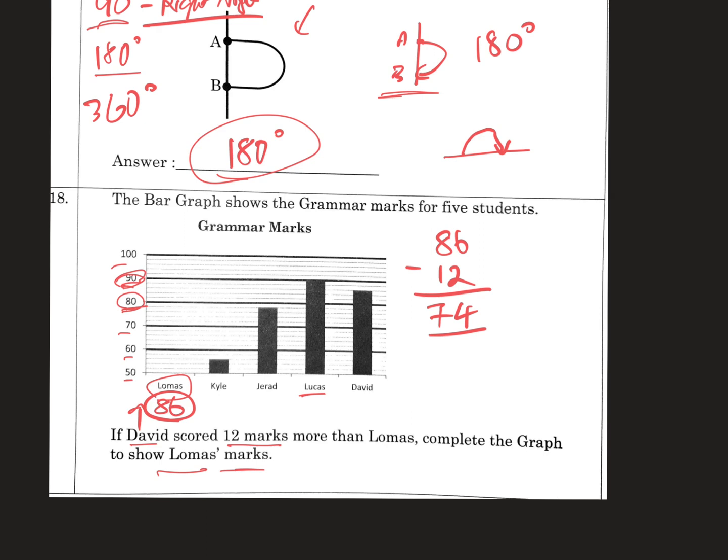Simple. We just find the average length of this. This part does not have to be precise, so we just draw it the average length. And then, 74. We can go all the way up to 70, and remember, each space is 2, so this will be 72.